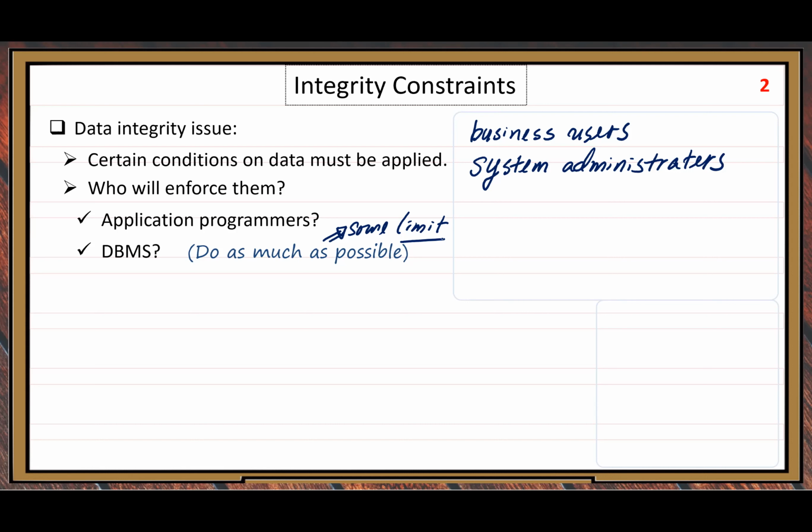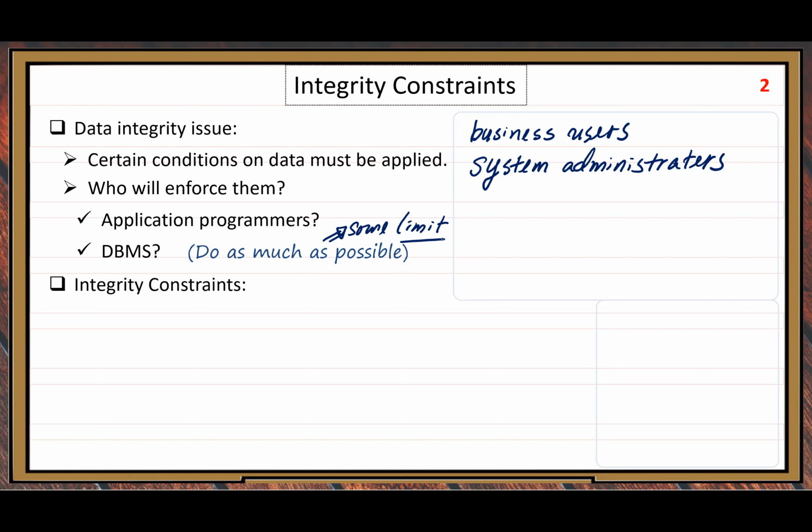Things that are relatively complex, the DBMS cannot do. The DBMS is usually not that smart to do relatively complex constraint enforcement. We will see what kinds of constraints the DBMS is not able to do.